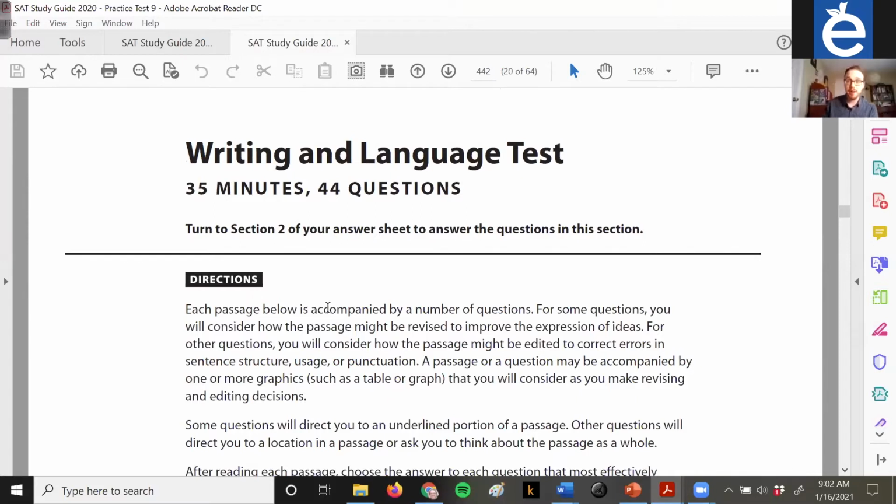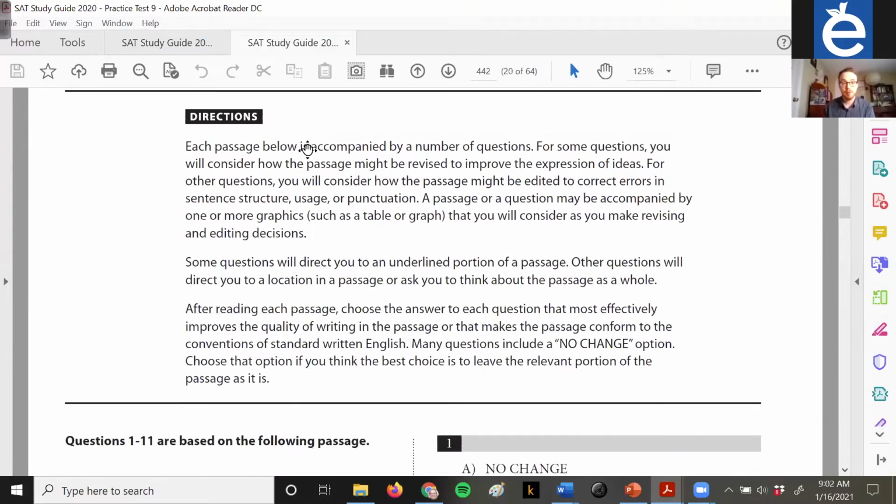Now, the first thing you might notice, this is the only portion of the test that has fewer minutes than questions allowed. So you're going to be spending on average less than a minute per question on a lot of these. The good news is that they're a lot more straightforward.